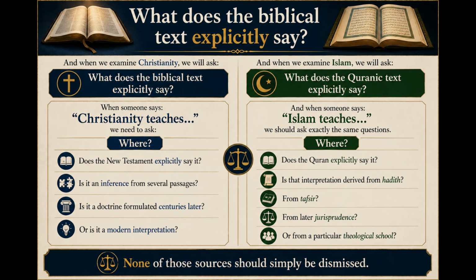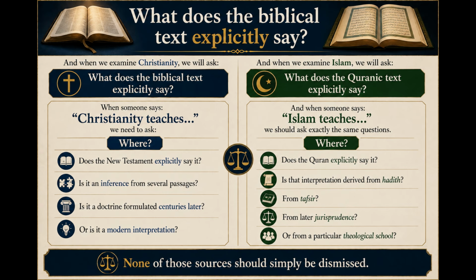Why begin here? Because names carry assumptions. When someone says, Christianity teaches, we need to ask, where? Does the New Testament explicitly say it? Is it an inference from several passages? Is it a doctrine formulated centuries later? Or is it a modern interpretation? And when someone says, Islam teaches, we should ask exactly the same questions.